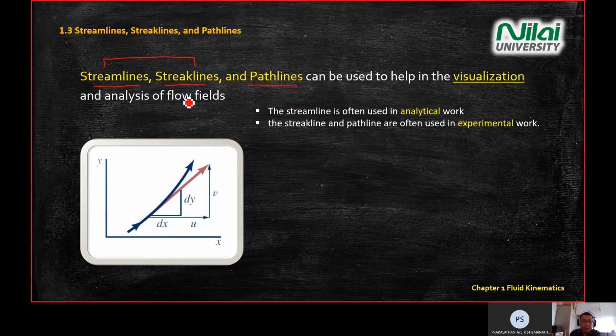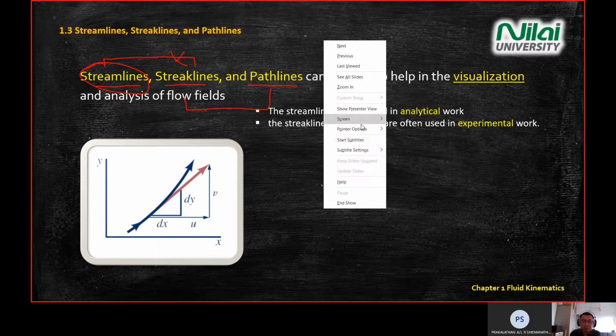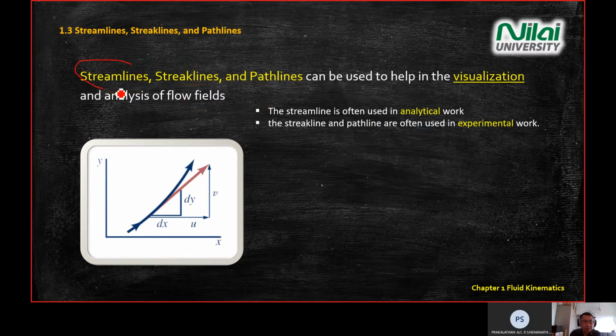However, the streakline and pathline, these two, not this one. Streamline is only for mathematics, only for analytics. These two are for experiment. So streamline means if you want to do your report and do analysis, then you focus on streamline.